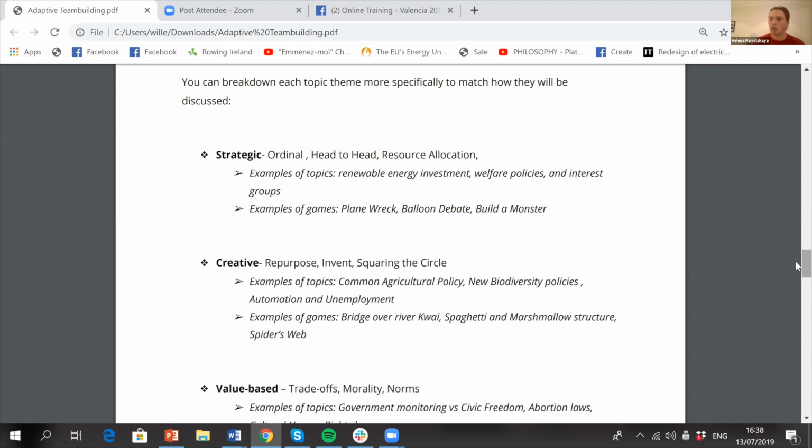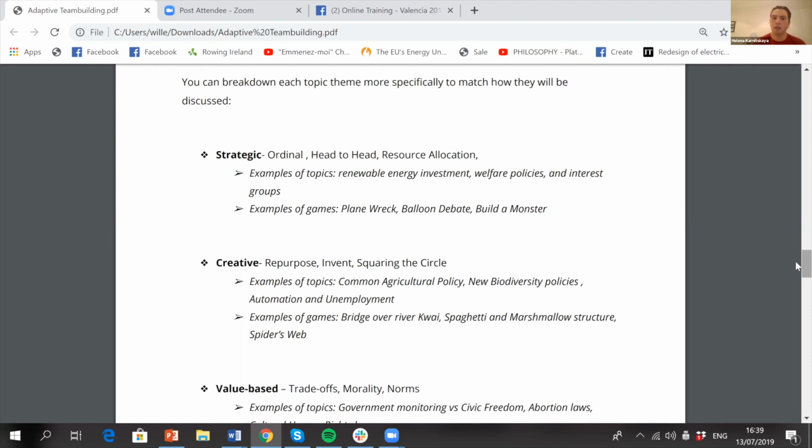And I think a good game there is the spaghetti and marshmallow structure, where you get your committee to create something entirely original on their own, but it has to solve a specific problem. Again, it encourages creativity, and you see how the group actually creates something.